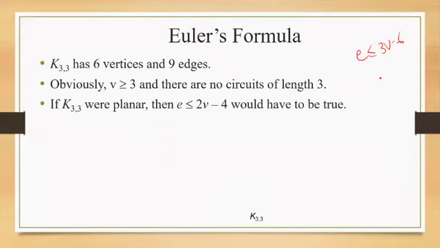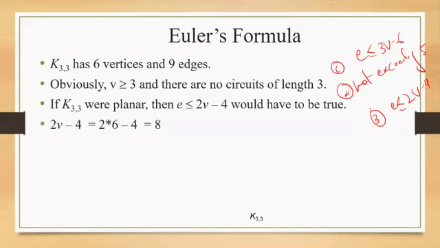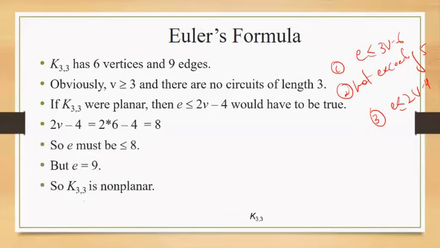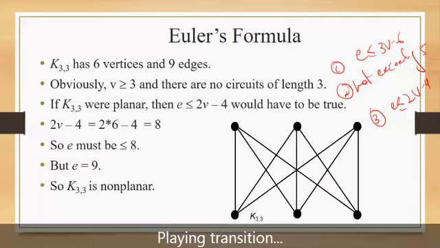The second one is G should have at least one vertex of degree not exceeding 5. And the third one is E should be less than or equal to 2V minus 4. So 2V minus 4 is equal to 2 times 6 minus 4, which is 8, and then E must be less than or equal to 8. But E is equal to 9, so K33 is non-planar.